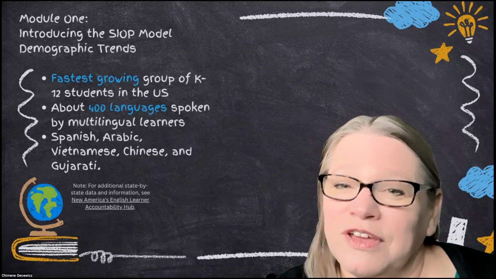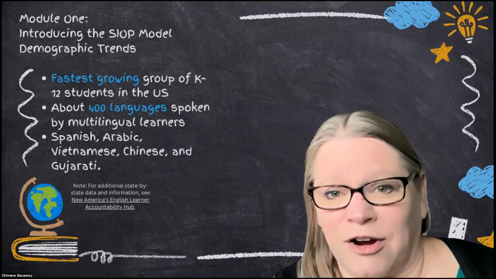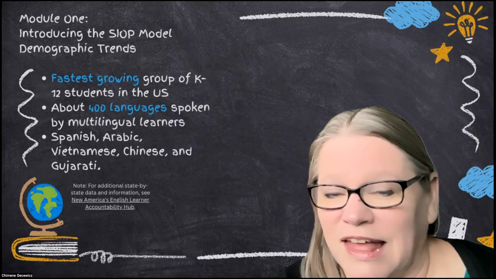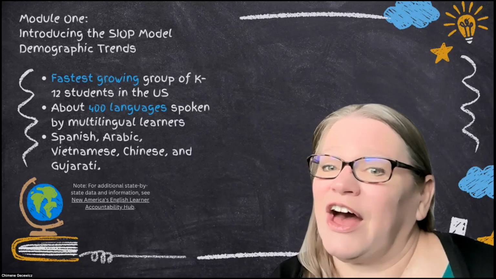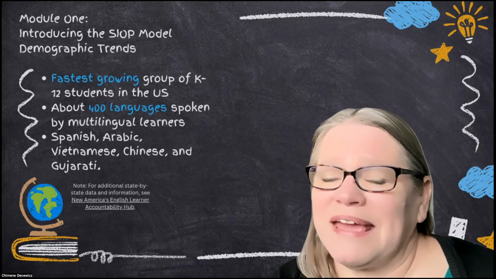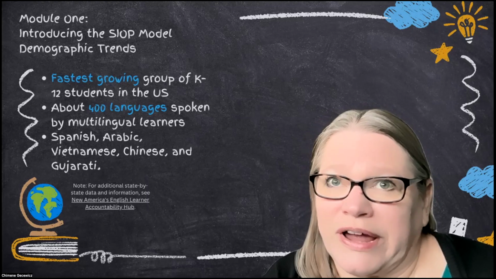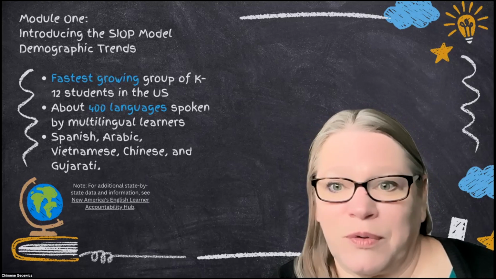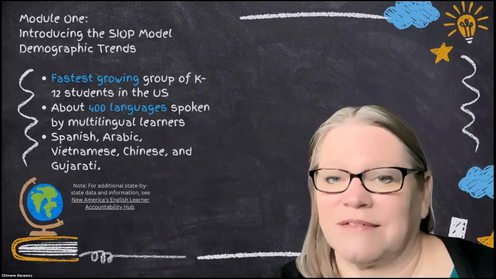However, we also see growing numbers of students who speak Arabic, Chinese, Vietnamese, and hundreds of other languages. Basically, there are around 400 languages being spoken in schools across the United States.